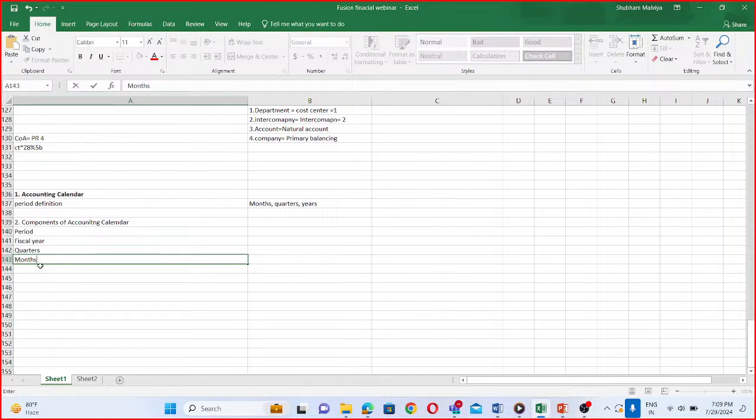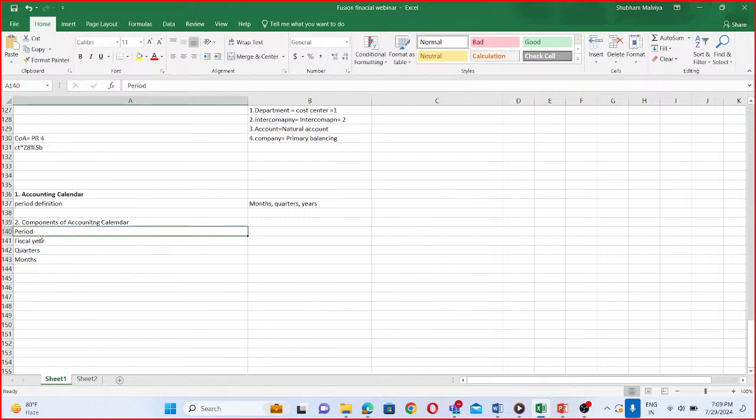So there is a component called period, and under period there are the fiscal year, quarters and months.